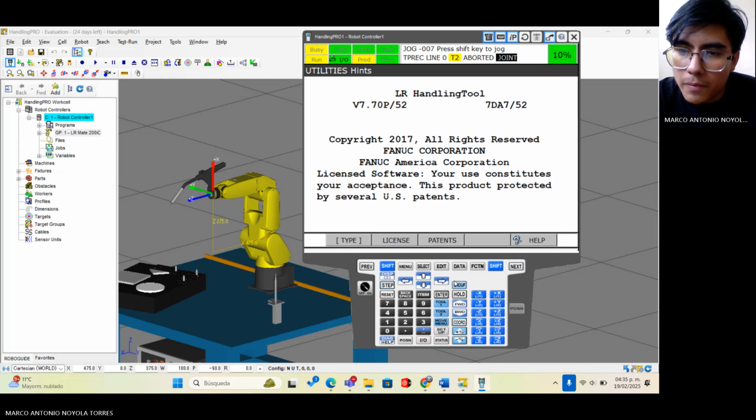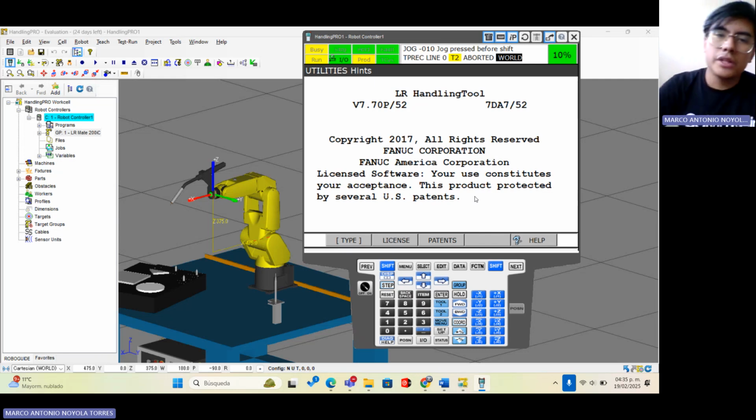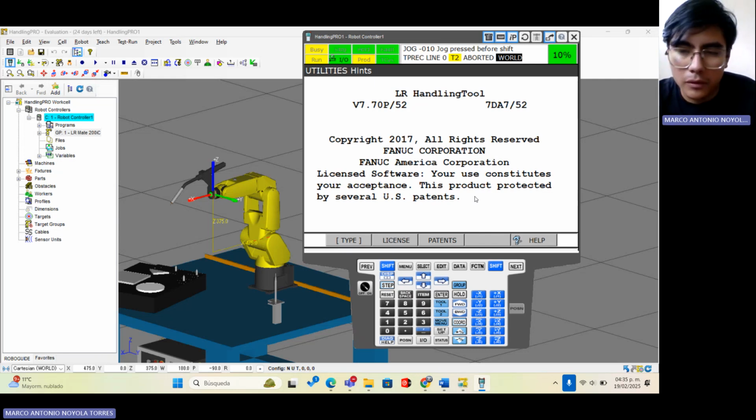Then change to the world system with the world key. If you want to move in each axis, there is something called singularity. Singularity is a condition when the fifth joint is at 0 degrees. The robot blocks this movement.